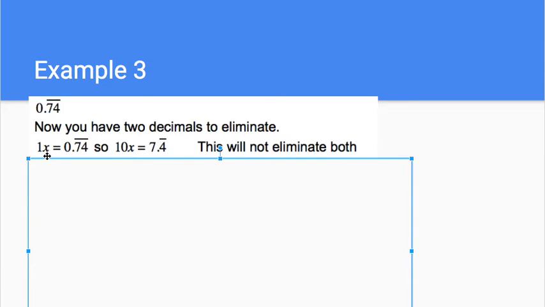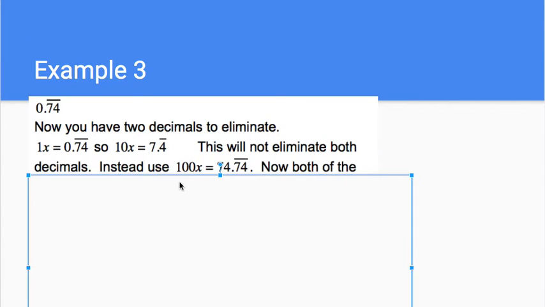If I set this up, 1x is equal to 0.74 repeating, so 10x is equal to 7.4. What I'm going to do is I'm going to end up with 0.4747. I should have actually put a 7 behind that. That's my bad. The 0.474747 is not going to eliminate 0.747474. That's not going to do it.